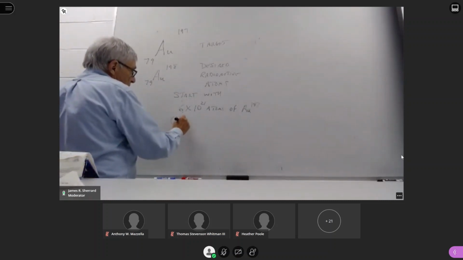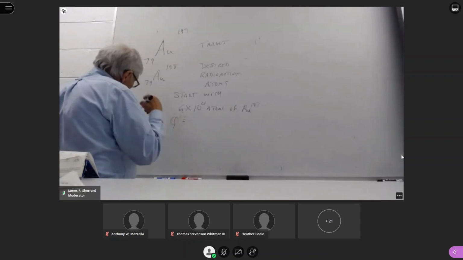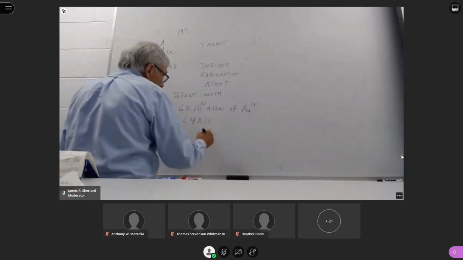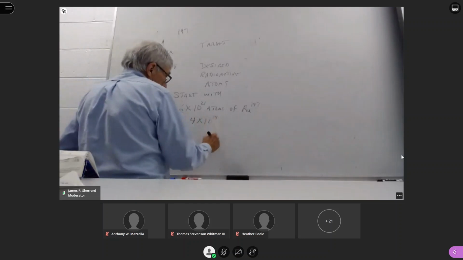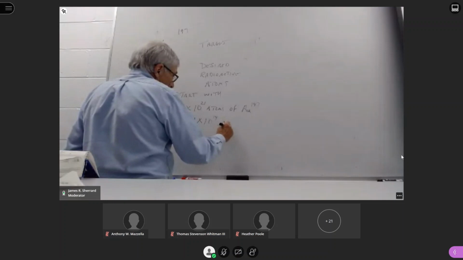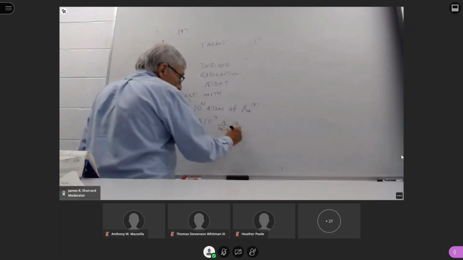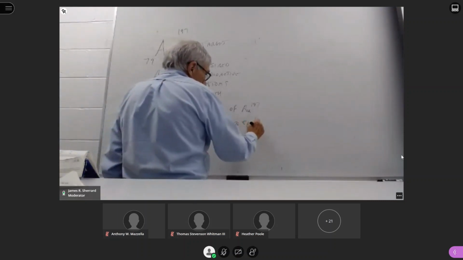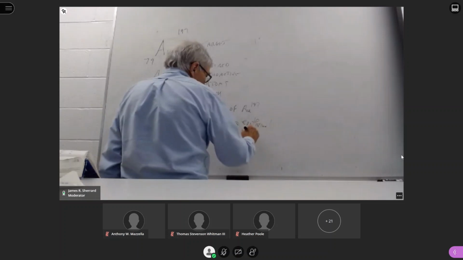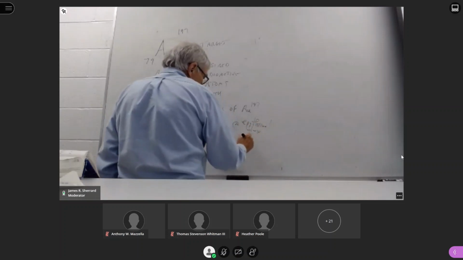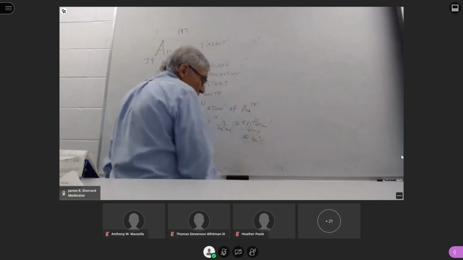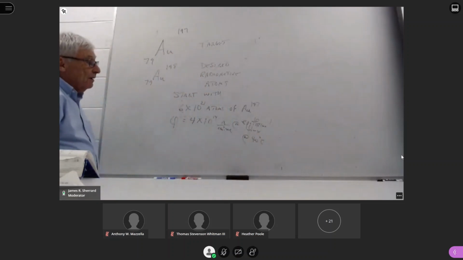We're going to put it in a flux of 4 times 10 to the 14th neutrons per square centimeter per second. And we're going to make it an epithermal flux at 40 degrees C.